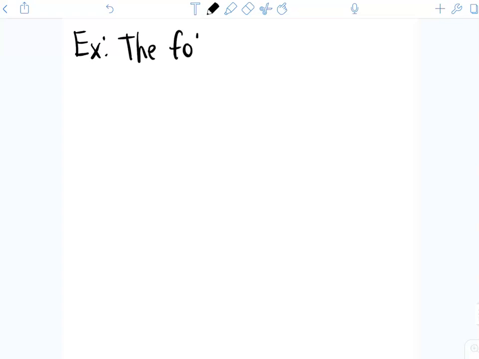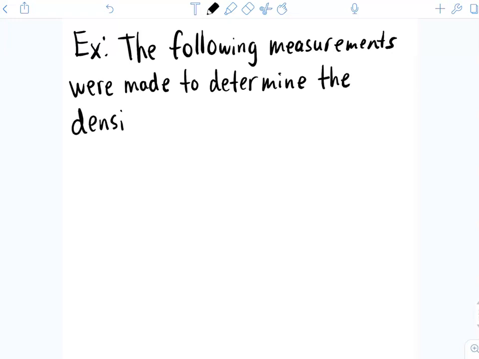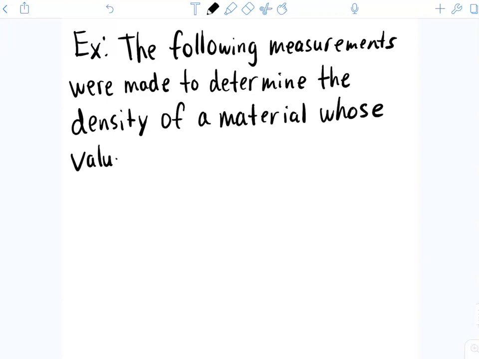The following measurements were made to determine the density of a material whose value was 3.75 grams per milliliter.